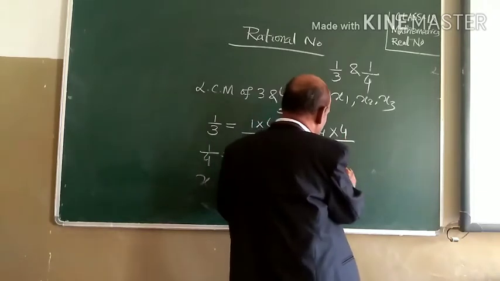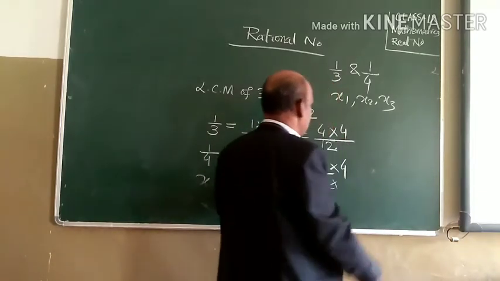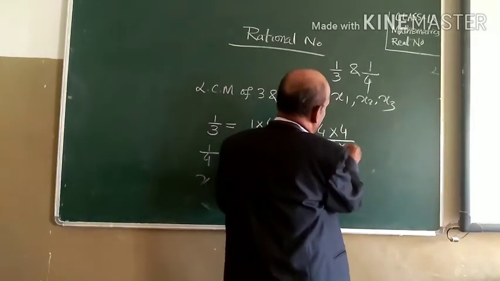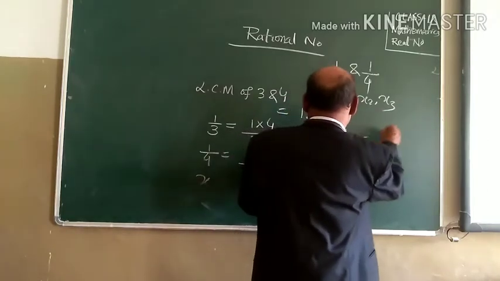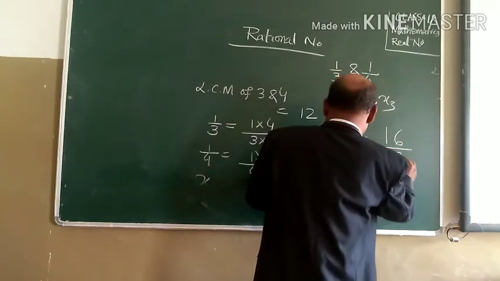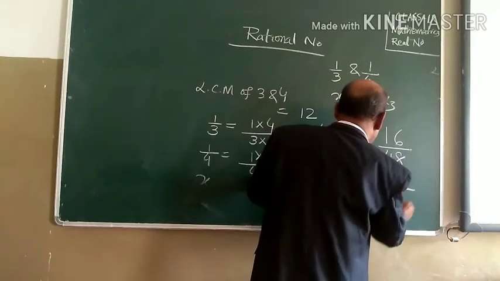Here also suppose the same number you write, 4. So what I will get? Here denominator also 4, here also denominator 4. What you got? You got here 16 by 48, and here you got 12 by 48.